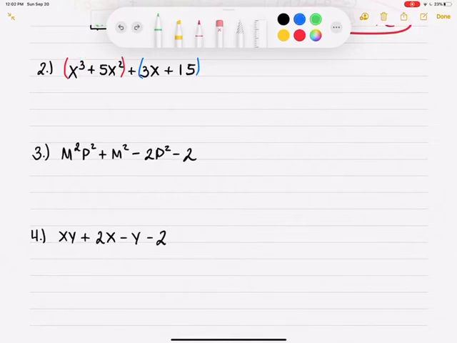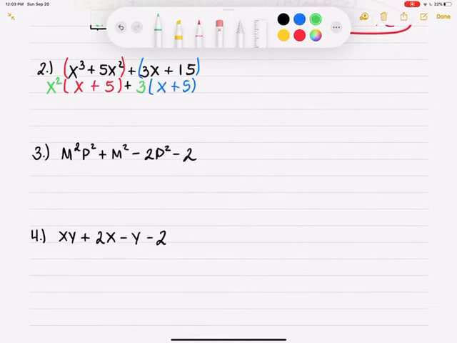I know that my GCF in my first group, the red group, should be x squared, because I can divide x cubed and x squared by x squared. If I take x squared out of both of those terms, I'm left with x plus 5. In the second group, my blue group, 3x and 15 have a common factor of 3. And if I divide both of those pieces by 3, I'm left with x plus 5.